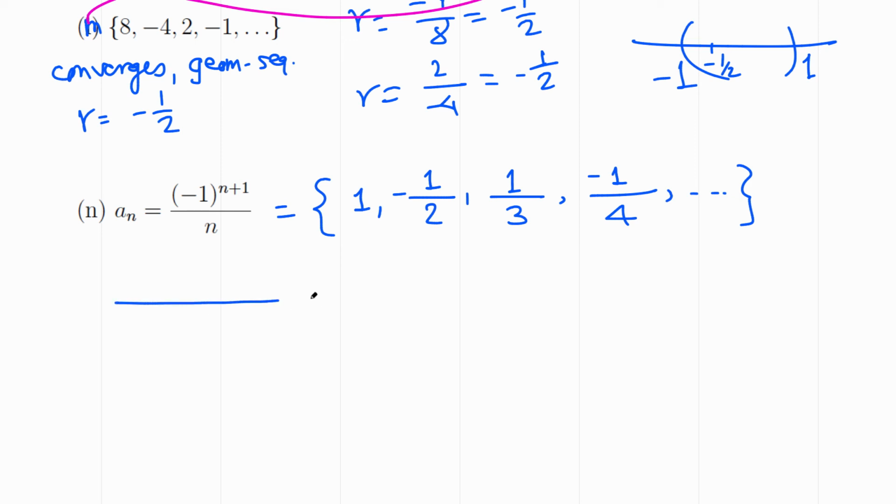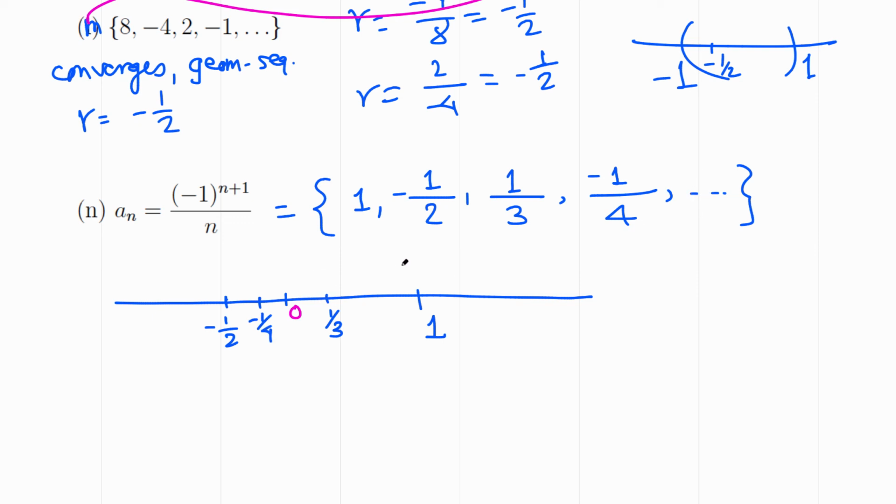But if we list them here, the first term is 1, and -1/2, so here is 0, let's say. Here is 0, -1/2 will be here, then 1/3 is here, and -1/4 is here, and 1/5 would be even closer.